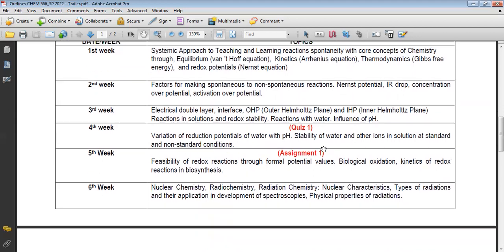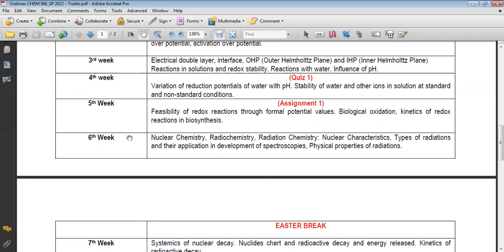This includes the effect of pH, at standard and non-standard conditions, which we will discuss in detail. These are very important aspects to learn chemistry and to decide how reactions are going to occur in the presence of water or other solvents.